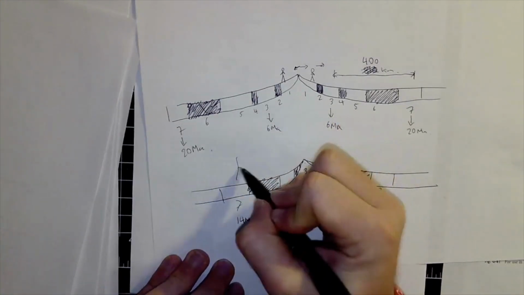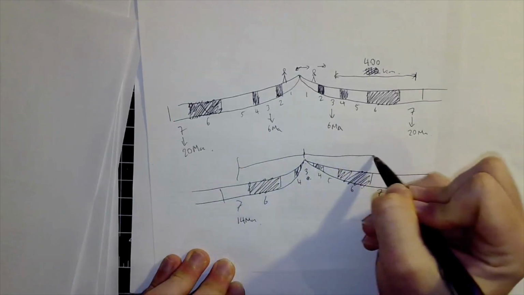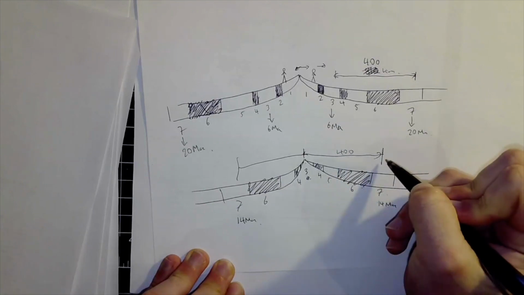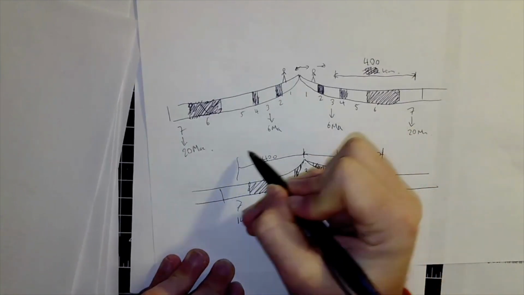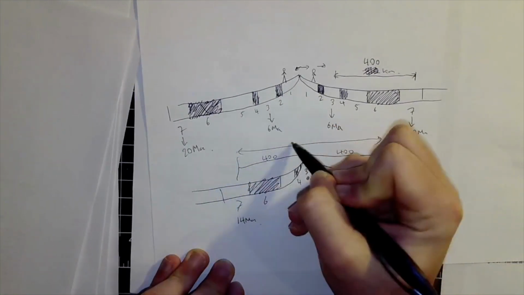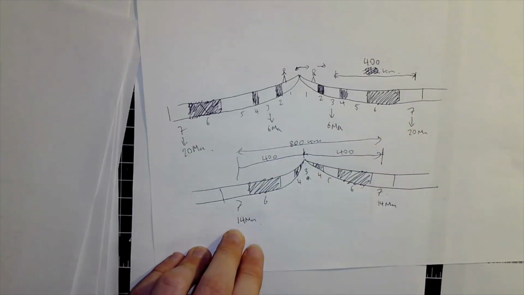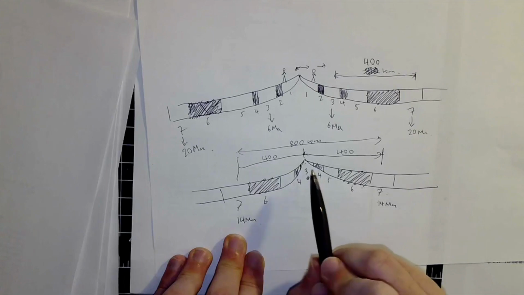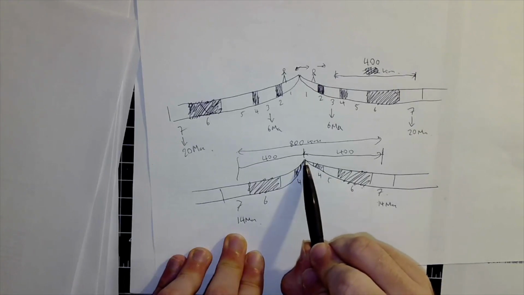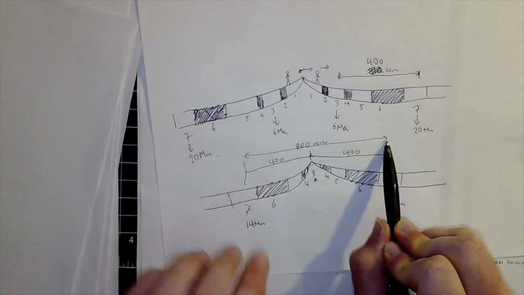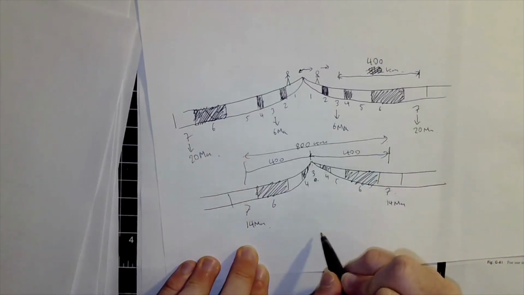And we still know that this distance is 400, and this is 400, and so the overall distance is 800 kilometers. We double it. And so what we can say is that the spreading ridge went from a width of 0 to a width of 800 kilometers in 14 million years.